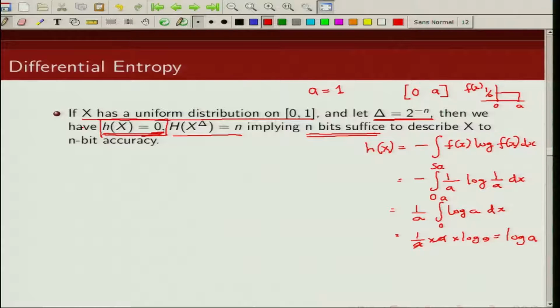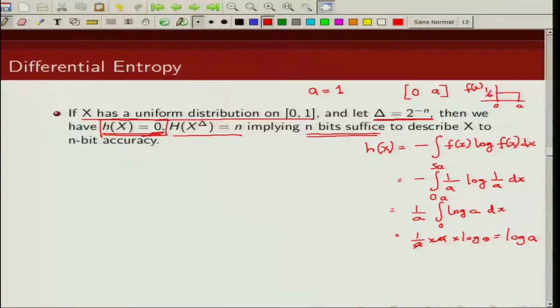One point I wanted to make, which is different for differential entropy compared to the entropy of a discrete random variable, is that for a discrete random variable the entropy is greater than or equal to 0. Here the entropy can be less than 0.